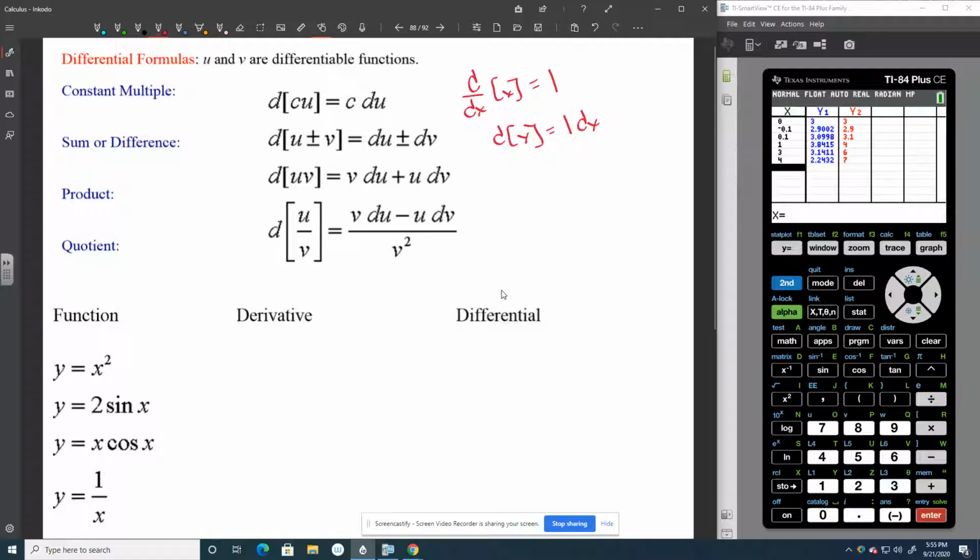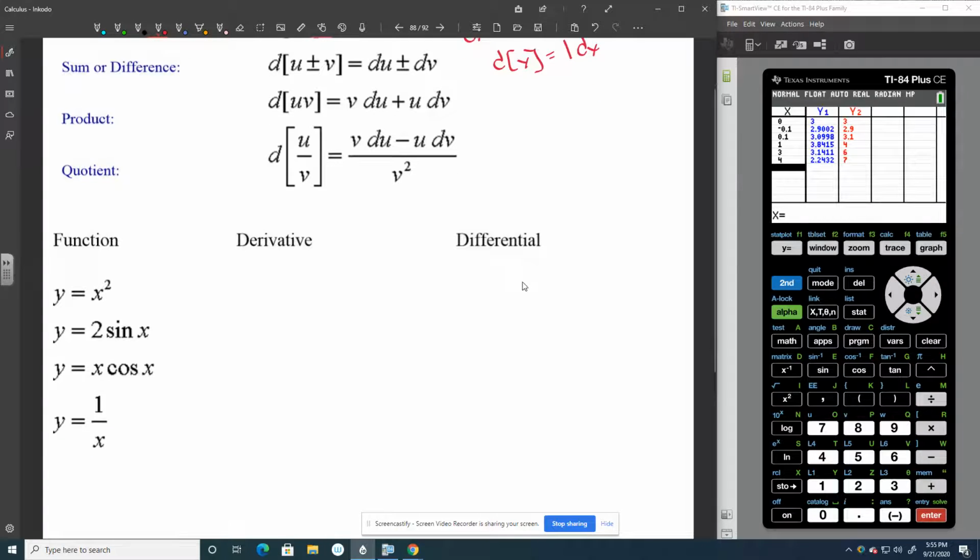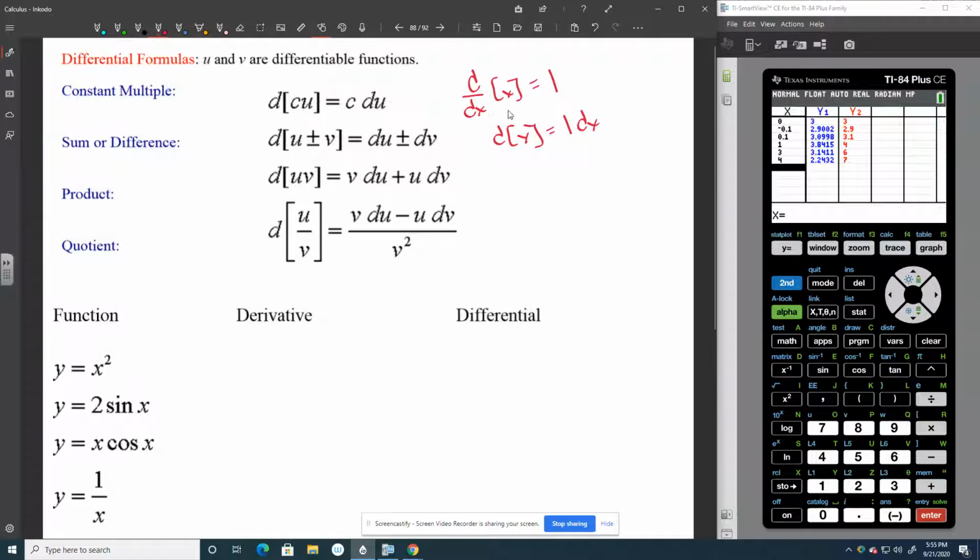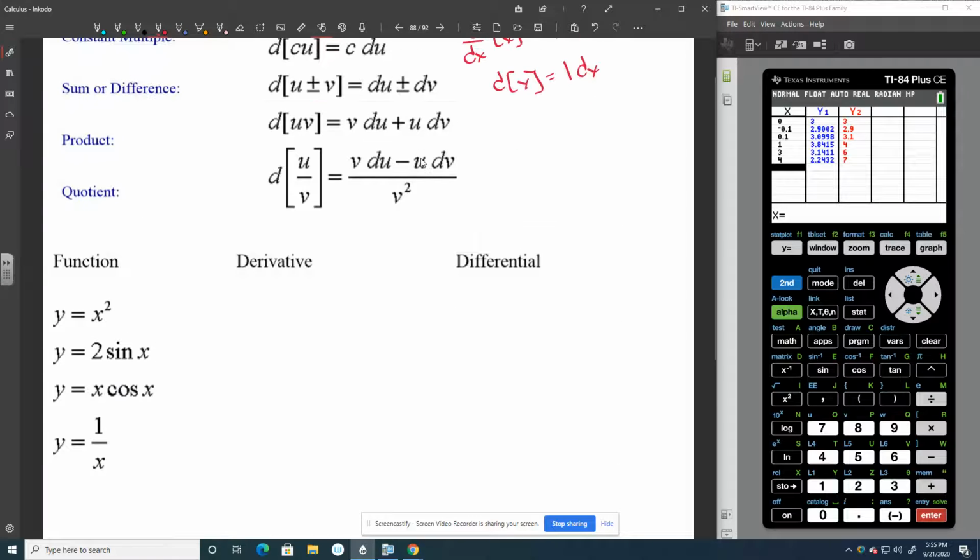Okay, so looking at how that plays out, we're treating that like d divided by dx. So the derivative of y equals x squared, you would have just said dy dx equals 2x, right? You take the derivative of the left and the derivative of the right, you'd say dy dx equals 2x.